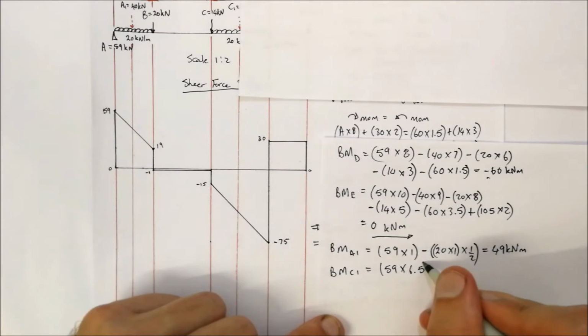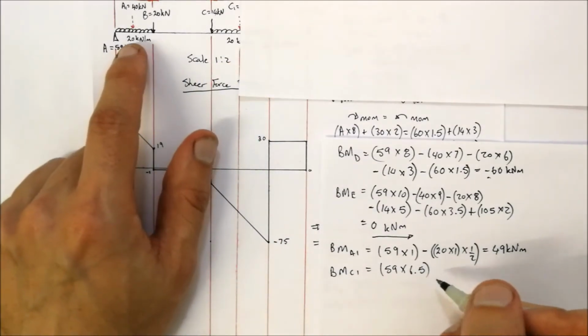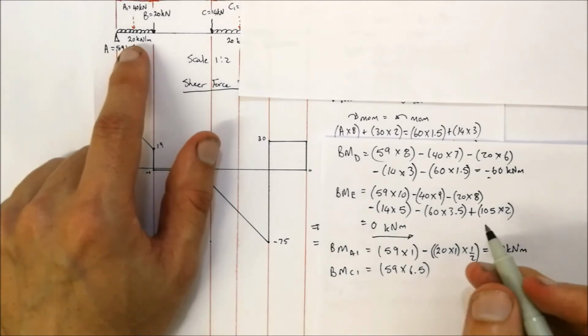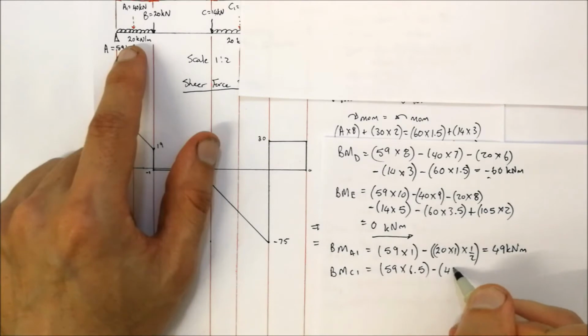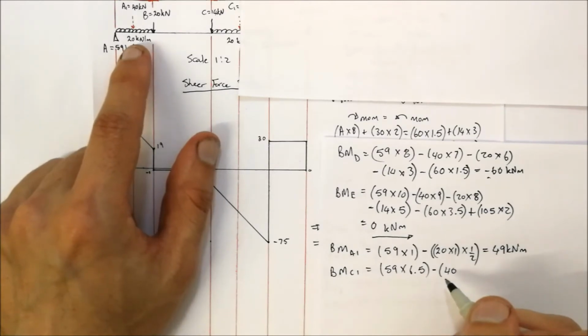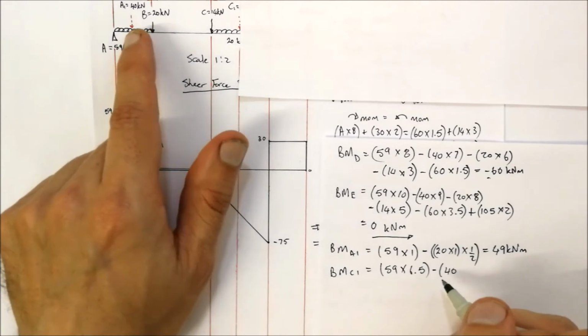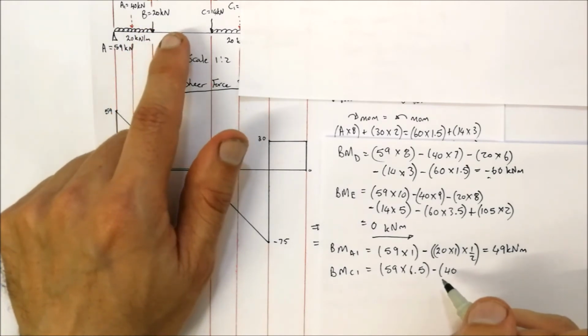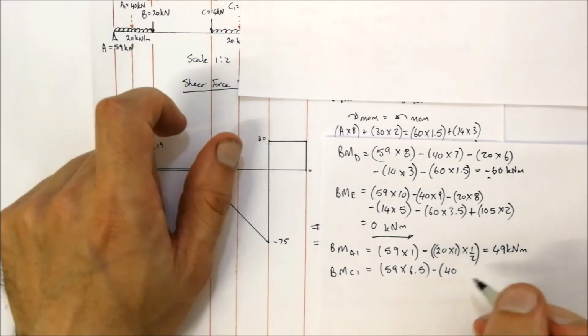Okay. Then we've got A1 over there. So we've got to minus 40 kilonewtons. Now, what's the distance from A1 to C1? Well, that would be 1 meter over here, plus 3 meters over here is 4 meters, plus 1.5 meters over there. So it is 5.5 meters.